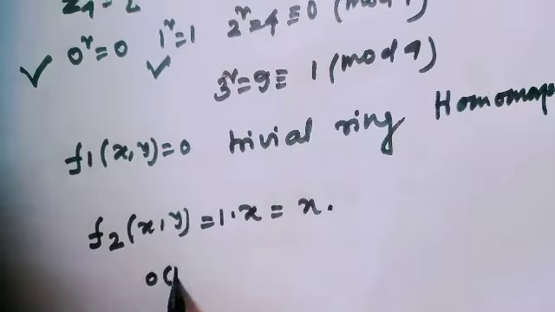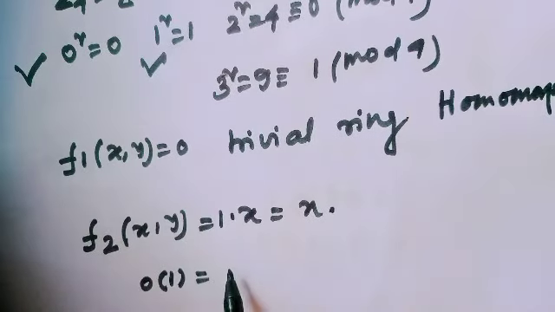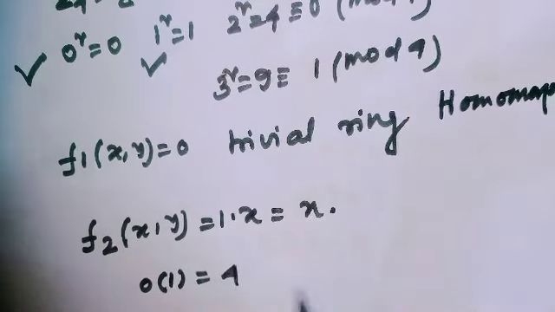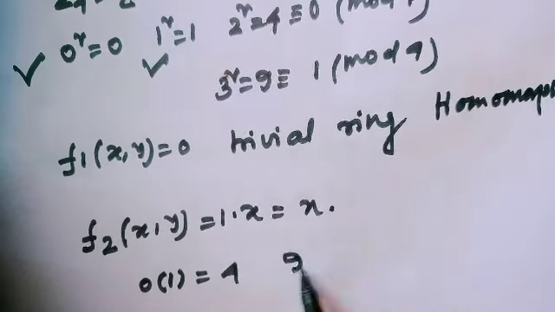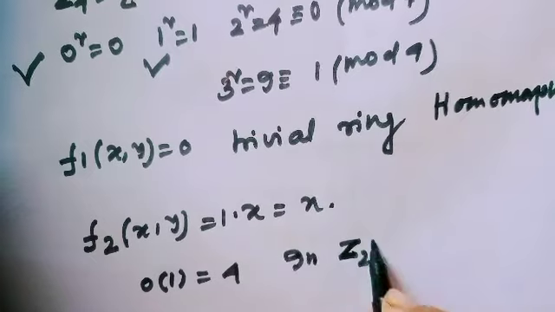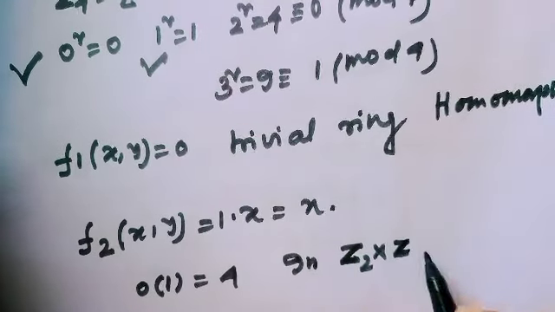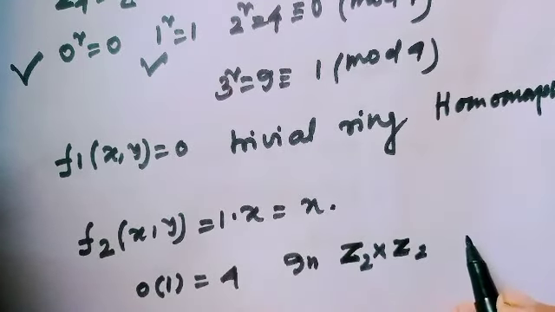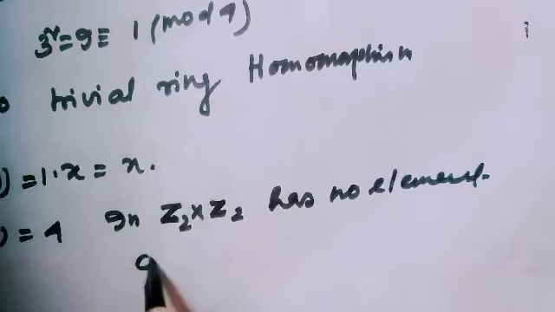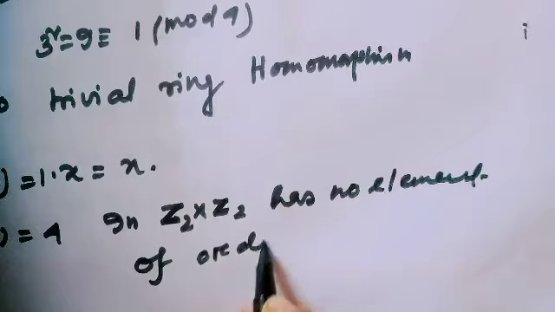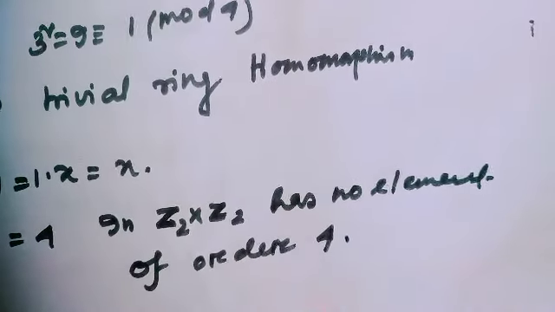The order of 1 in Z4 equal to 4, and in the group Z2 cross Z2, we all know, there is no element of order 4.